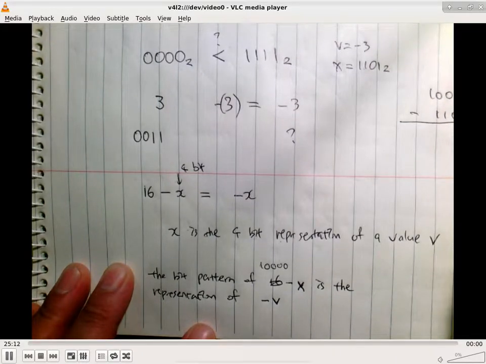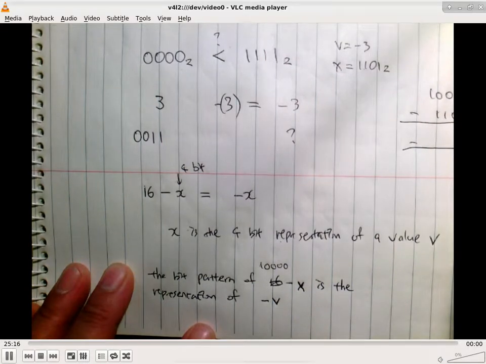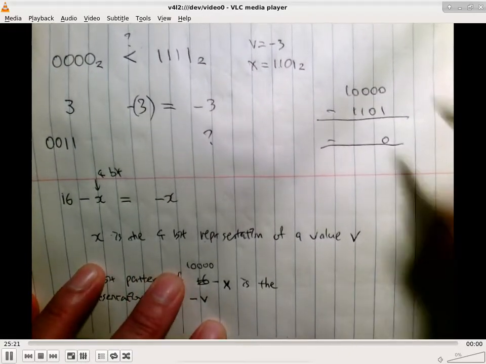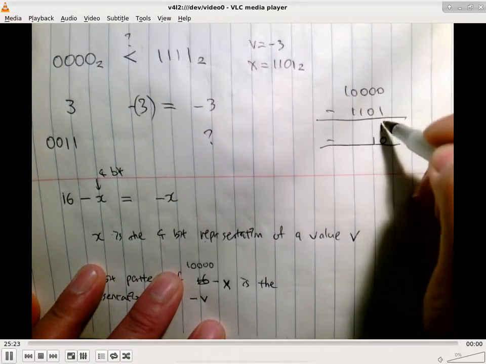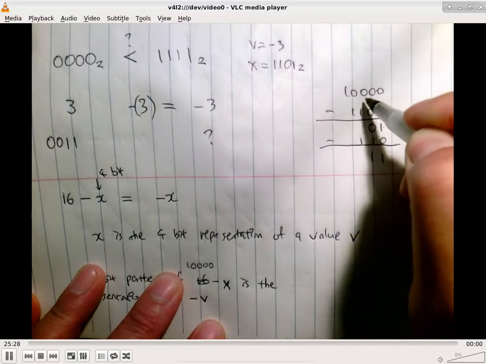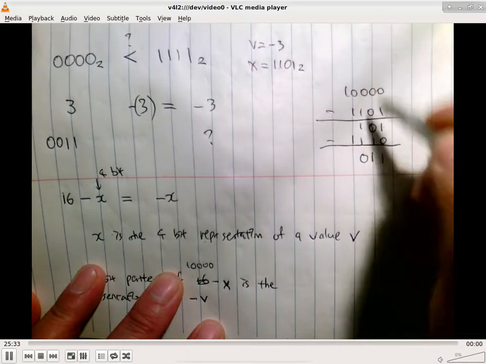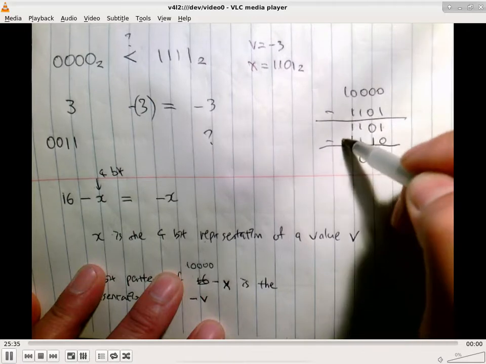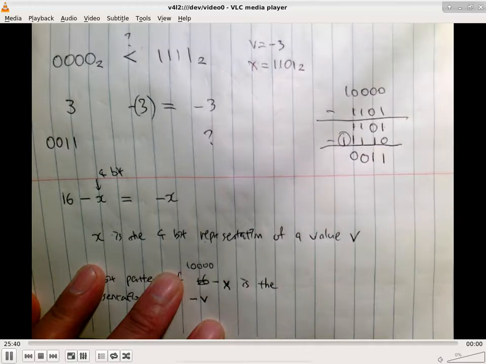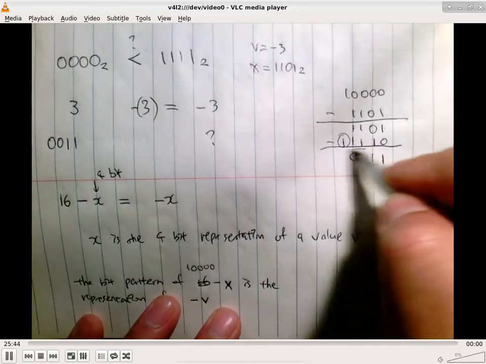We'll make a long subtraction here. 0 minus 1 is 1 with a borrow. 1 minus 0 is a 1, 0 minus 0 is a 0, 0 minus 1 is a 1 with a borrow, 0 minus 1 is 1 with a borrow, 1 minus 1 is a 0, 0 minus 1 is a 1 with a borrow, 1 minus 1 is a 0, and we have a leftover 1 over here, which I have no place to put, because I need to focus on just 4 bits.